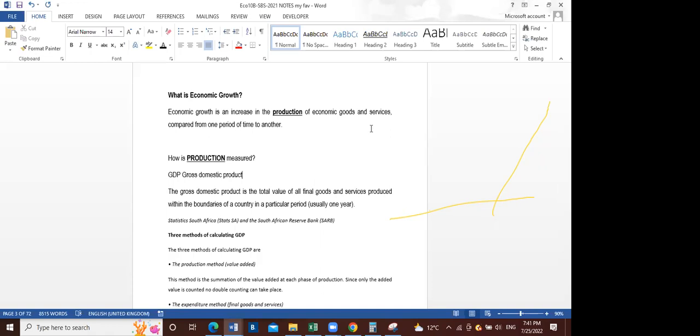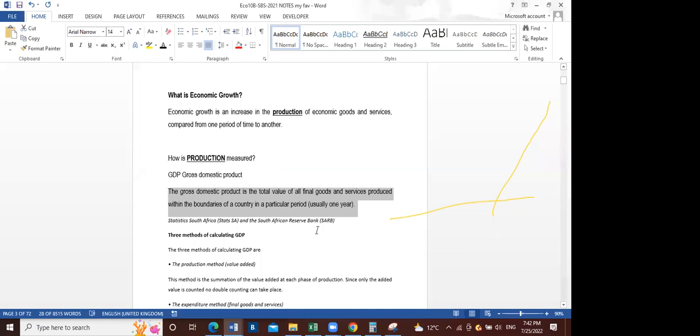So gross domestic product, by definition, is referred to as the total value of all the final goods and services produced within the boundaries of a country in a given particular period of time, and usually it can be a 6-month period, depending on how the statistic has been presented.